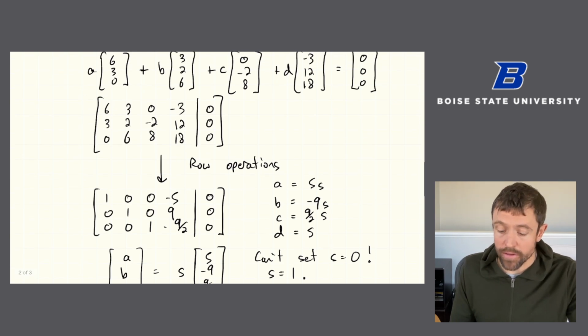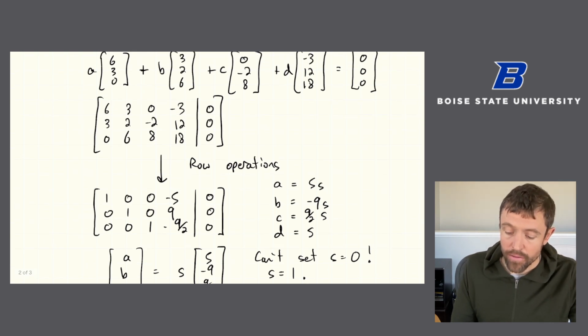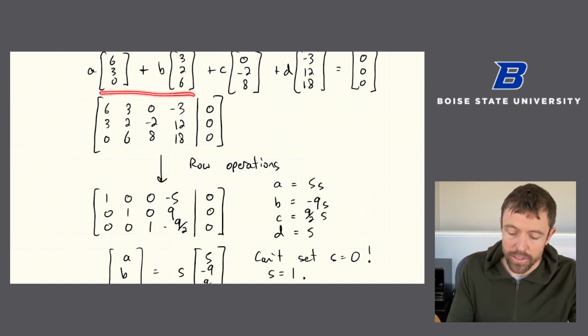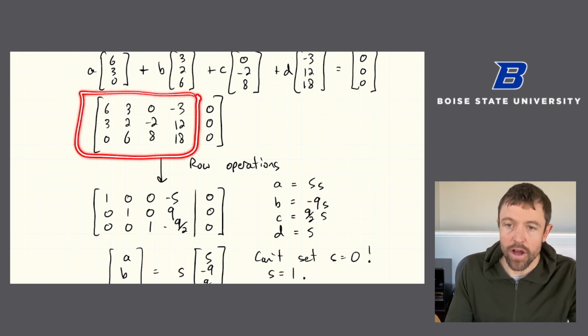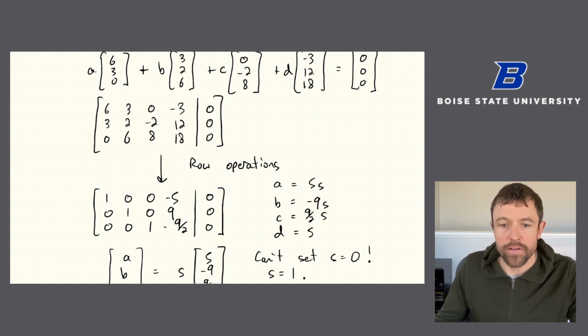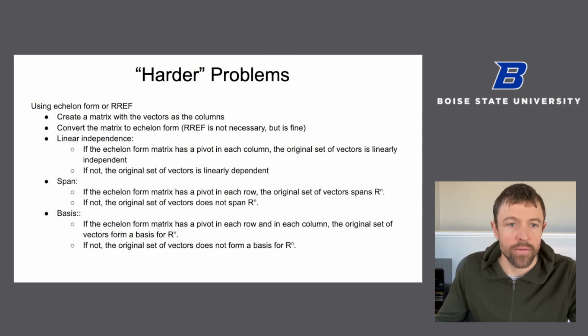You'll only have a trivial solution if you don't have any free variables, which corresponds to having pivots in each column of the reduced row echelon form of the matrix you got from making the vectors the columns. So that's why this linear independence method works.